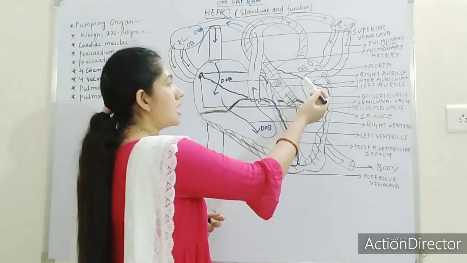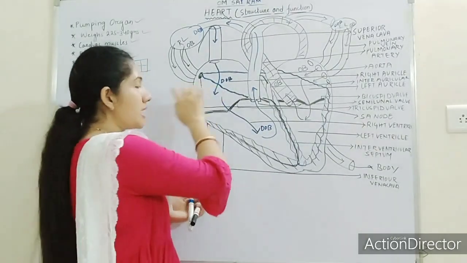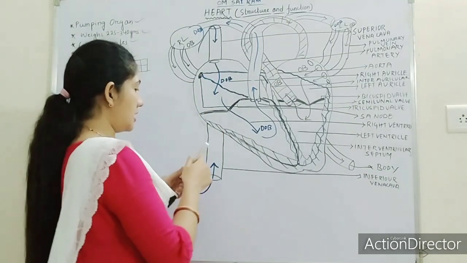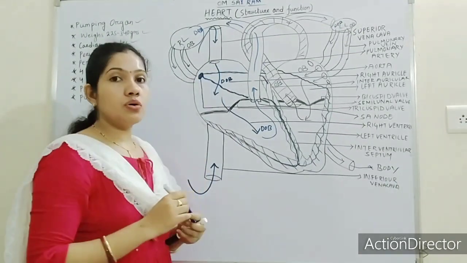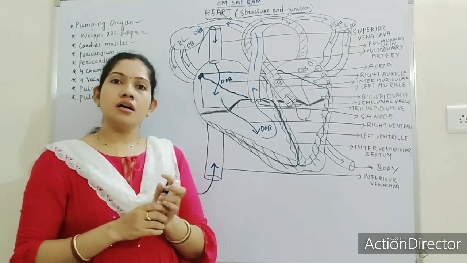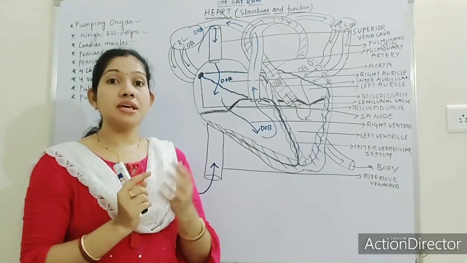So these are the structures. One more thing is left, the SA node. What is the SA node here? I have shown it. This is the SA node, the sinoatrial node. The heart has a rhythmic contraction and expansion, which makes the heartbeat.